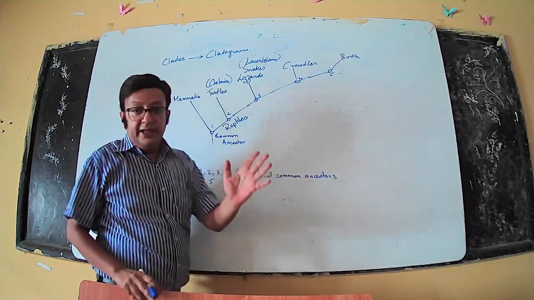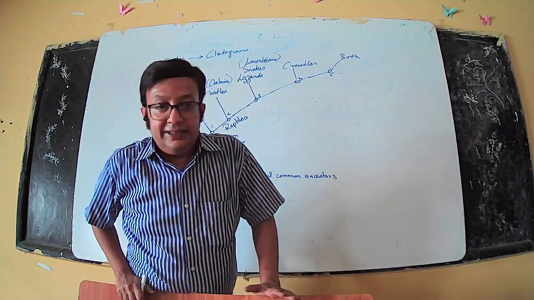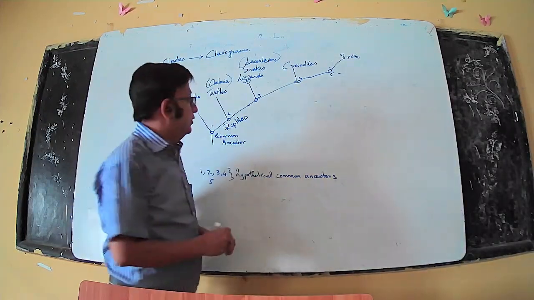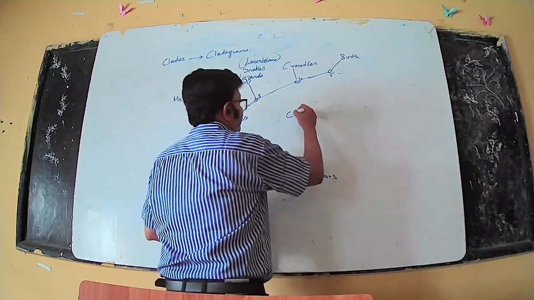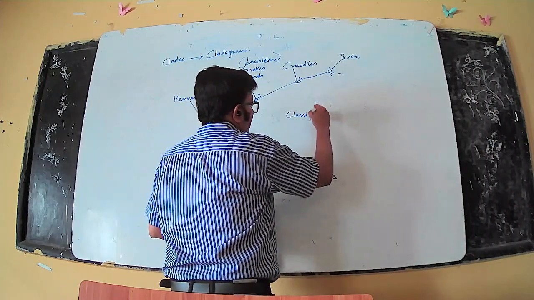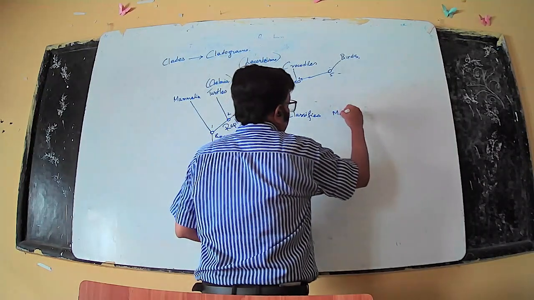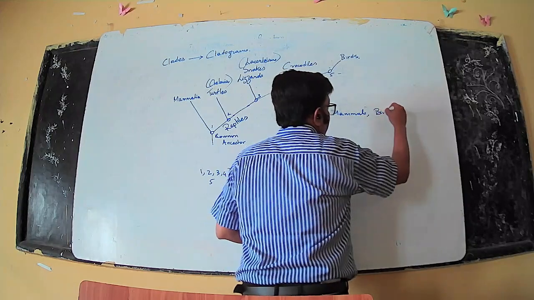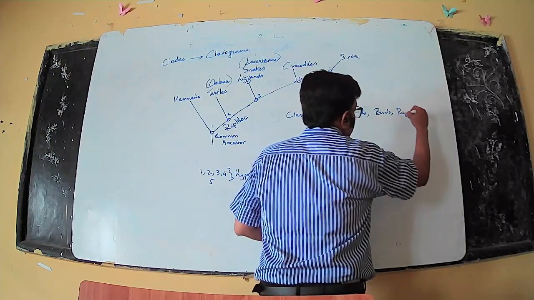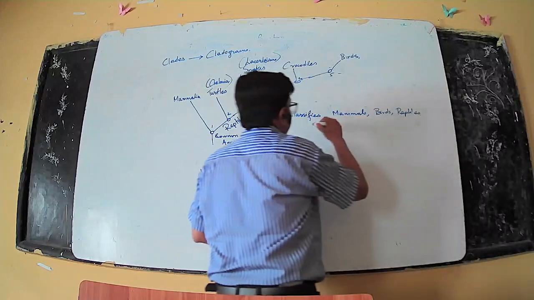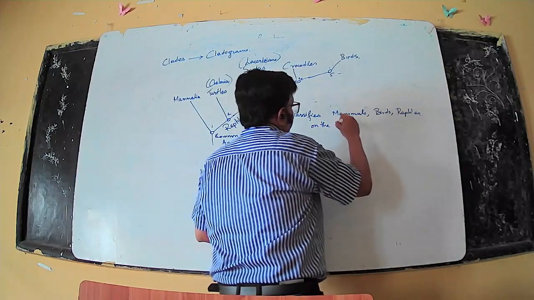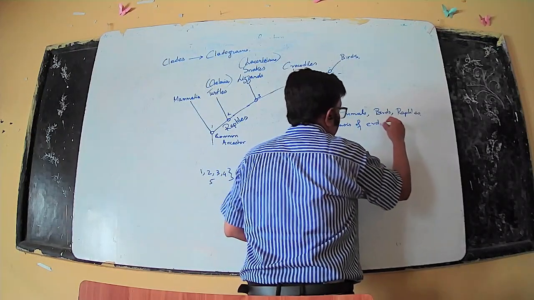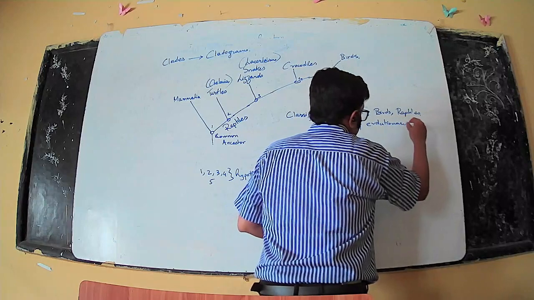So you have already classified this cladogram. It classifies mammals, birds, and reptiles on the basis of evolutionary relationship.